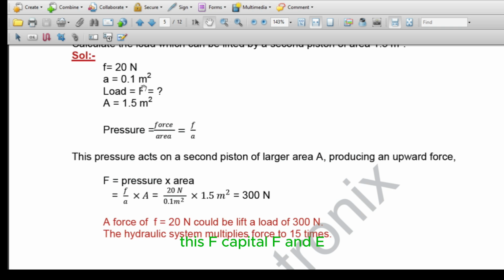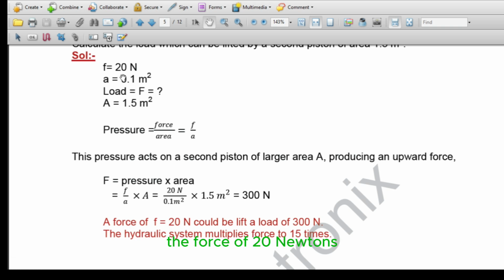Capital F and capital A and small f and small a have the same relation: capital F upon capital A is equal to small f upon small a. So this A in the denominator can be shifted here, and F upon A into A is 20 Newton upon 0.1 meter square, times 1.5 meter square. The meter square cancels, and here 1.5 divided by 0.1 is 15, and 15 into 20 is 300 Newton.